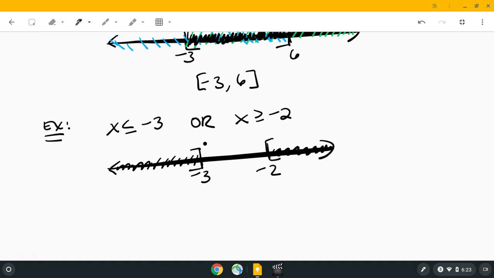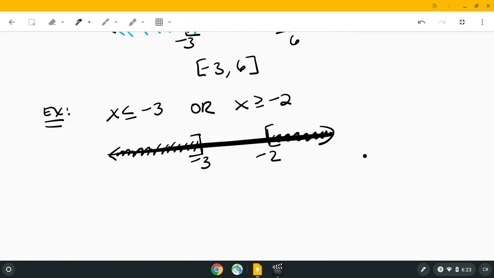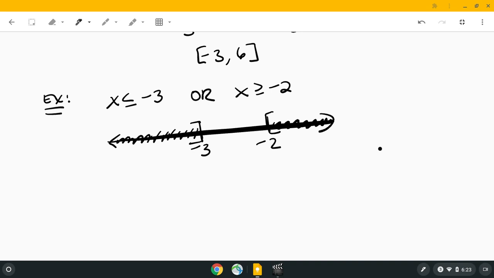Here, or is union, so I'm taking the union of these two sets. We could say x is less than or equal to -3, or x is greater than or equal to -2.